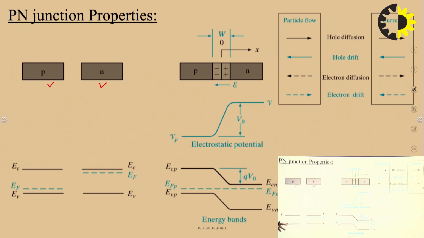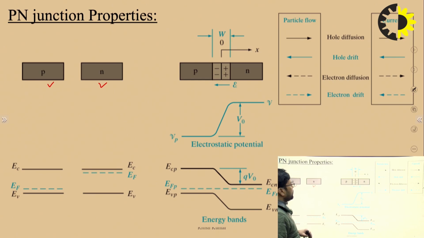So this is the energy level diagram for P type, and this one is the energy level diagram for N type. You can see here the dotted blue line is showing the Fermi energy level. In the P type, the Fermi energy level lies just above the valence band, while in the case of N type, the Fermi level lies just below the conduction band, right?